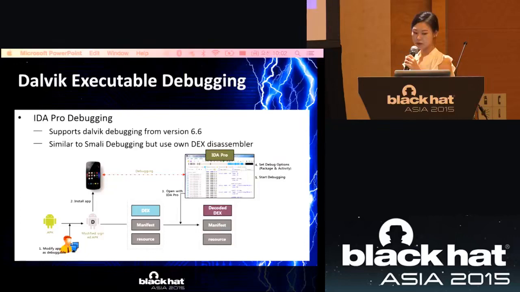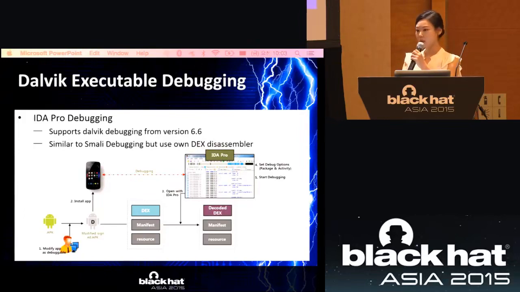IDA Pro supports DABiD debugging from version 6.6, and basically it is similar to Smali debugging, but uses its own text disassembler. First of all, the analysts take the same measure as for Smali debugging. They need to modify the application into a debuggable mode.